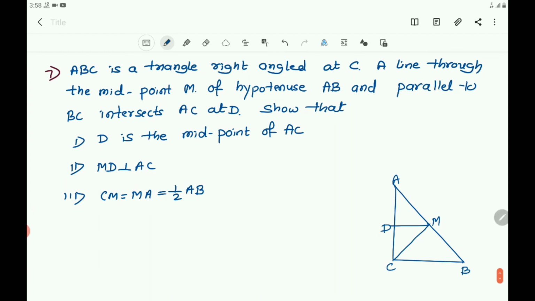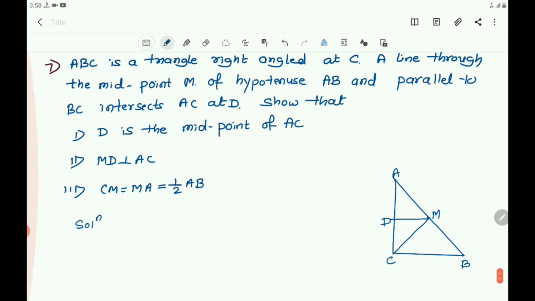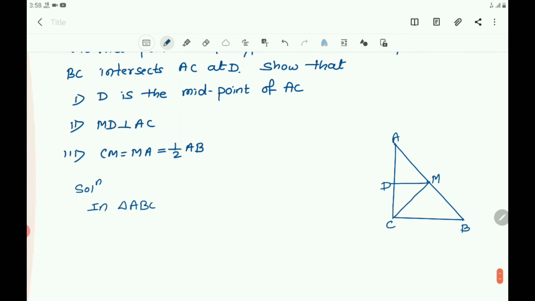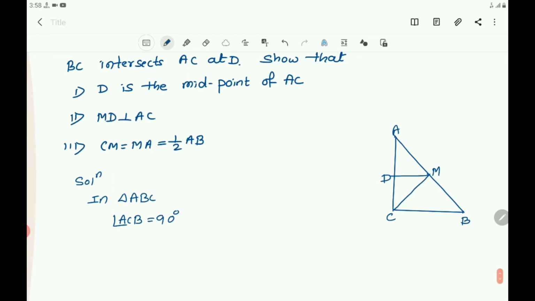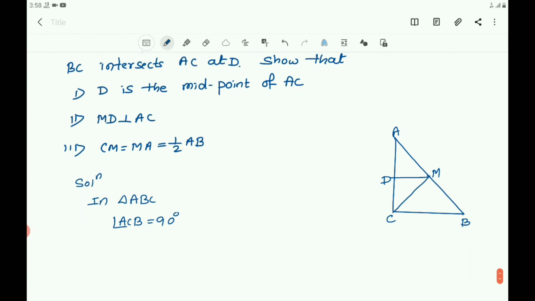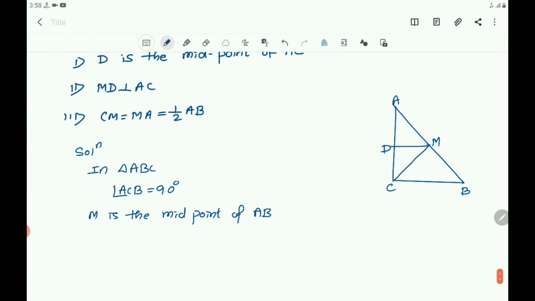Now here let us write the solution. So in triangle ABC, angle ACB equals 90 degrees, and M is the midpoint of AB, and MD is a line drawn parallel to BC.